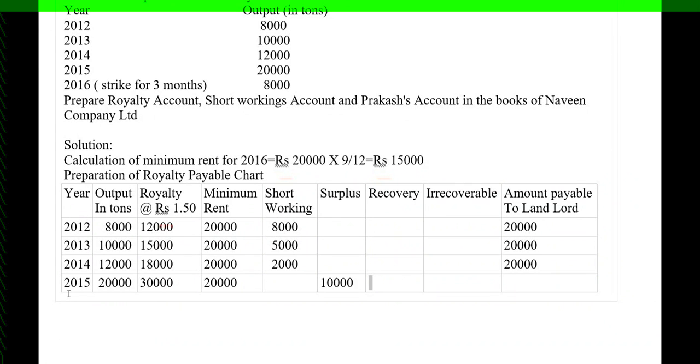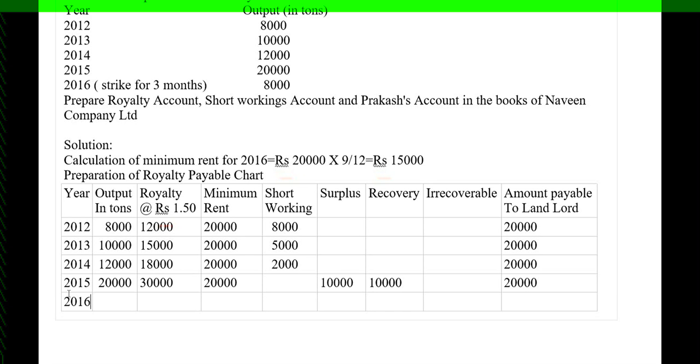Similarly, 2013 should be recovered by 2016. So 5,000 is there. So total 2012-13 together will be 13,000, but we have got 10,000. So we can recover 10,000 here. Irrecoverable will be nothing here. So amount payable will be 30,000 minus 10,000, 20,000.